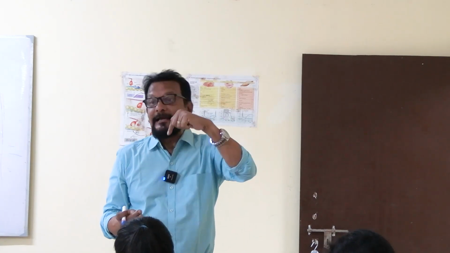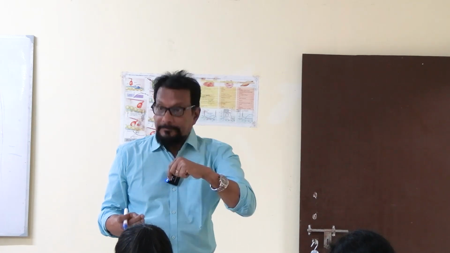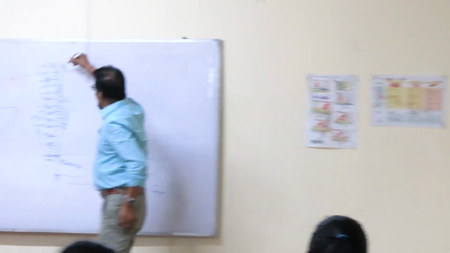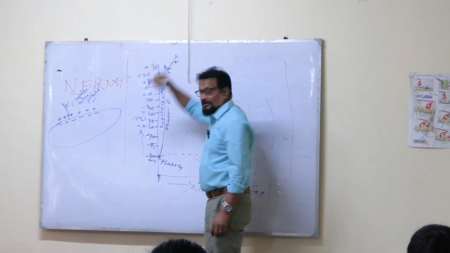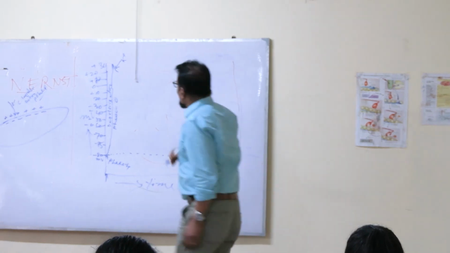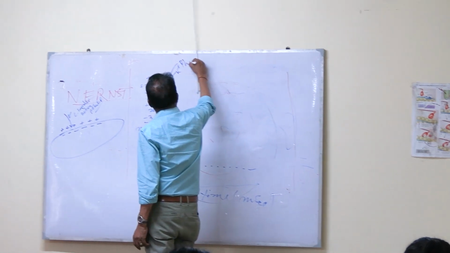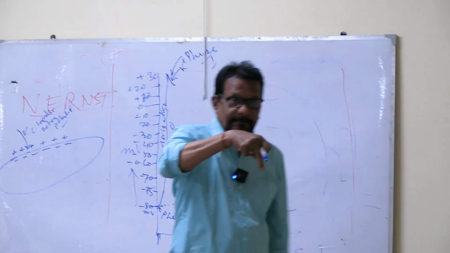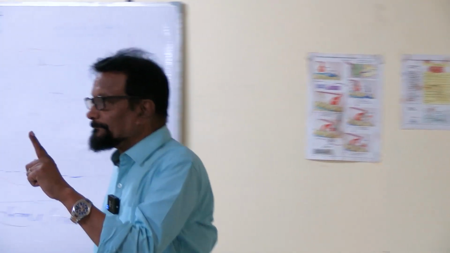As a result, inside will start becoming negative, so there will be a negative deflection. And this is called phase 1. A slight negative deflection.